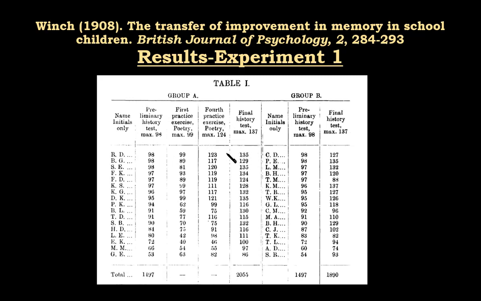So there is a difficulty in comparing these two values because the maximum is different. Perhaps today we would use the percentage of correct answers rather than the total. So we have here the values for each of the participants in the two groups.